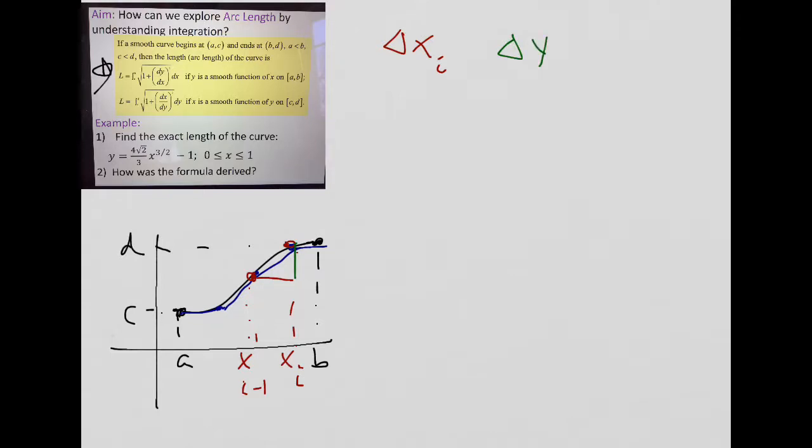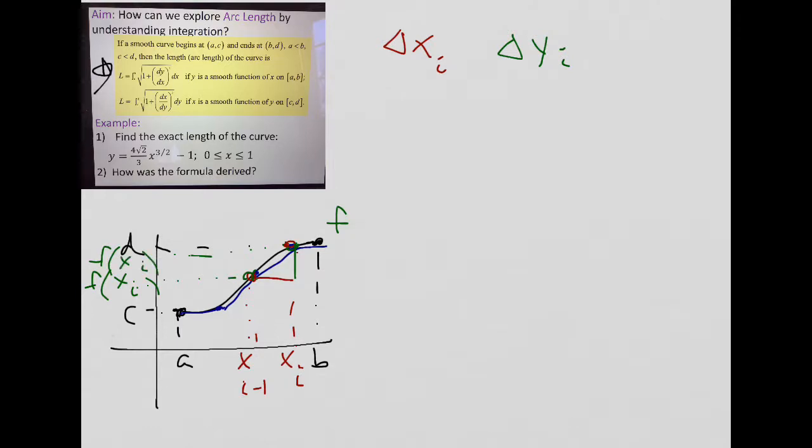It would also be in terms of i, because it's referring to the x values that you're plugging into this function, and let's call this f. So this would be f of x sub i minus 1, and this would be f of x sub i.